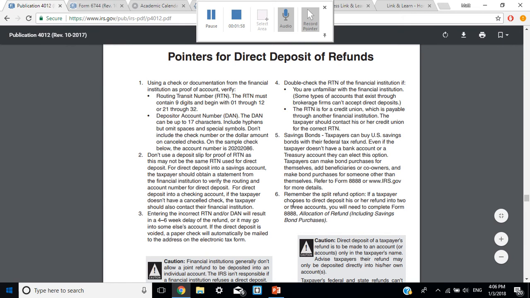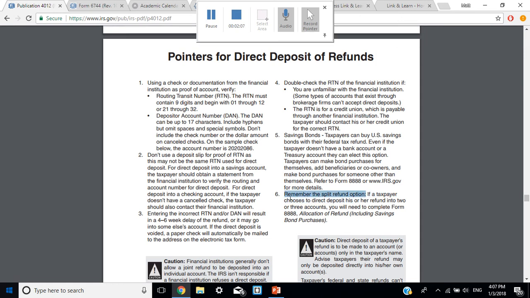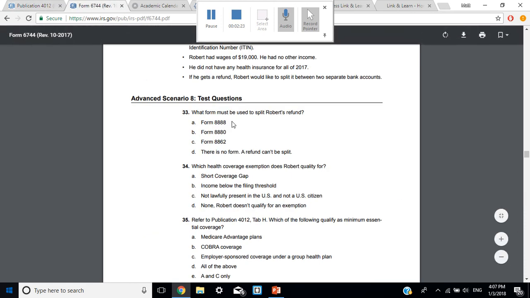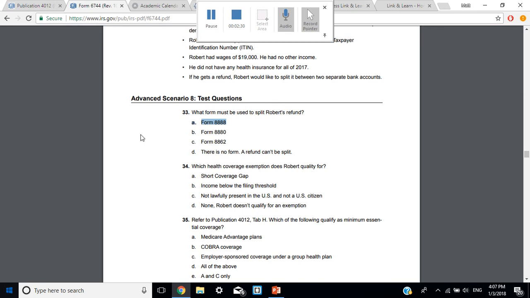But when you get down to number 6 here, it says, remember the split refund option. Or in other words, it is an option. You can indeed split a refund. If a taxpayer chooses to direct deposit his or her refund into 2 or 3 accounts, you will need to complete Form 8888. Did you catch that? 8888. It's there. So, let us go and remind Robert, that's the form we're going to fill out. The answer is A, Form 8888.